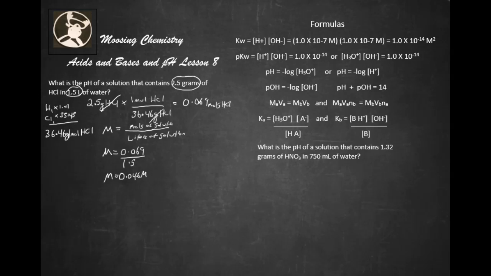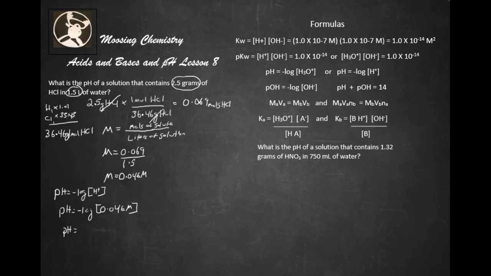Now that we have our new molarity, we can plug that number into our pH formula to get the pH. pH equals the negative log of our H plus ion, so pH equals the negative log of 0.046 M. So what is our new pH going to be?